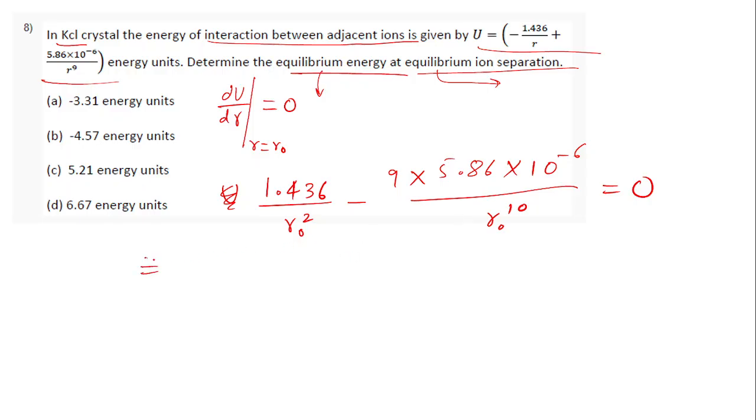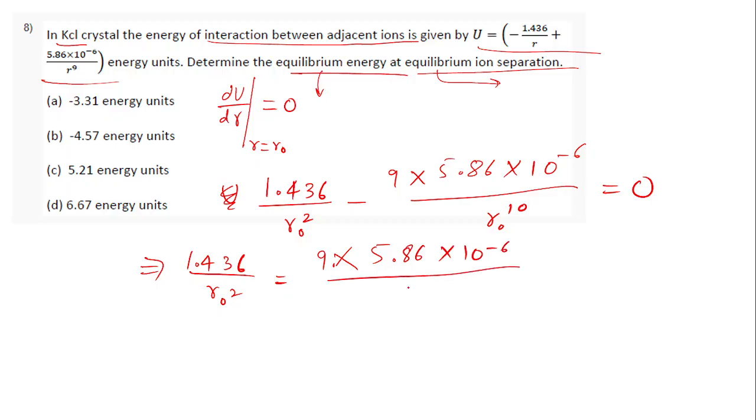Now when I simplify this, I will take this expression to the other side. So it will be 1.436 divided by R naught square. I'm taking it to the right side, so it will become positive, right? 9 times 5.86 times 10 to the power minus 6 divided by R naught to the power 10.